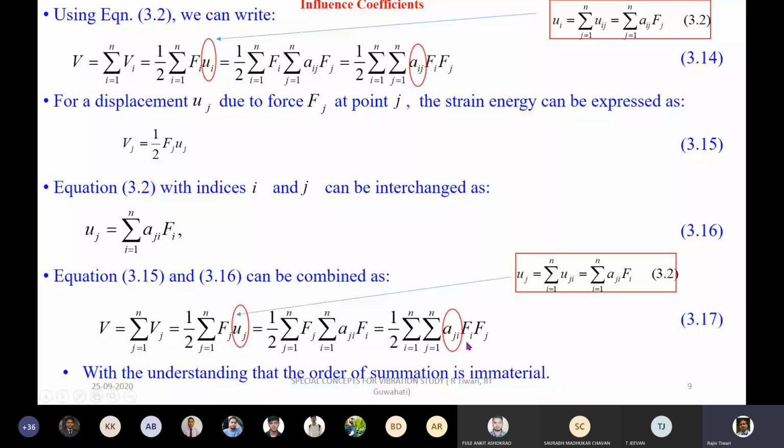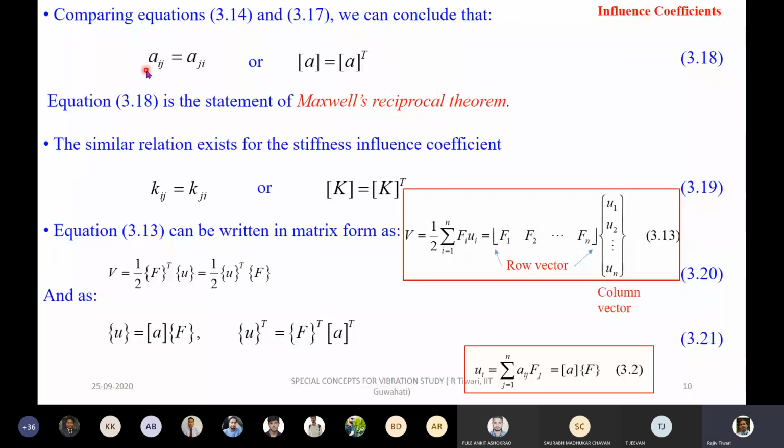Now this potential energy expression 3.17 and 3.14 should basically be giving the same potential energy. So if you compare them, you'll see that here Aij is there, here Aji is there. Other terms are the same. So unless they are symmetric, they will not be the same. That means this flexibility influence coefficient is symmetric. That is called Maxwell's reciprocal theorem.